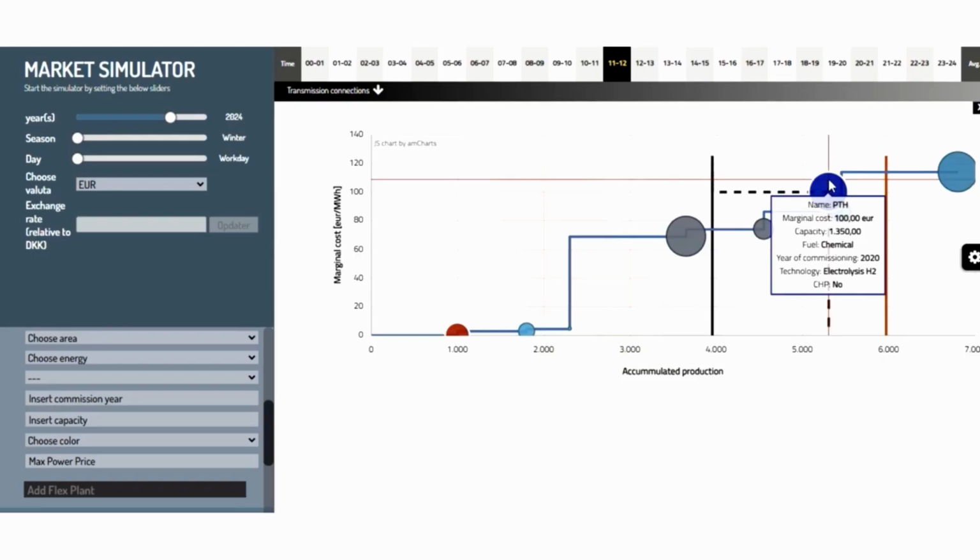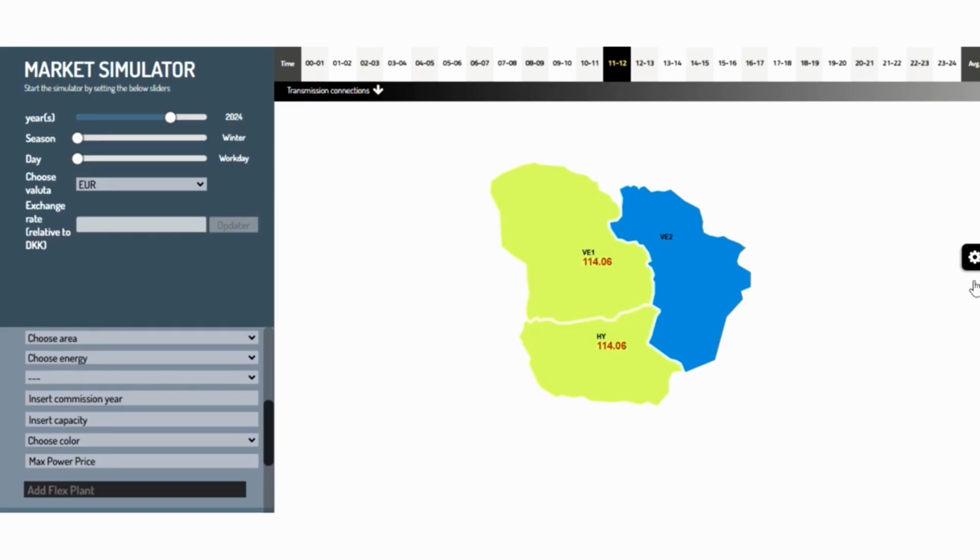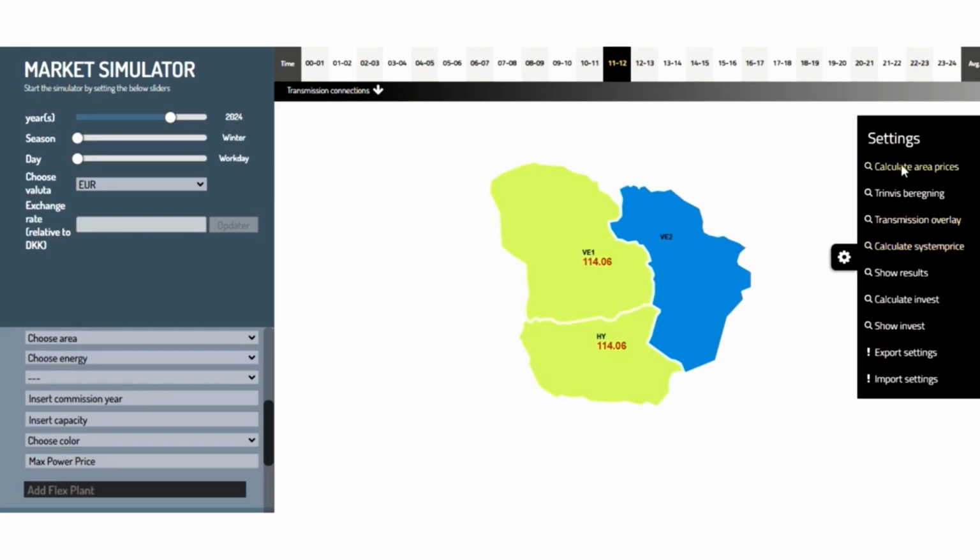So here the capacity is 1350 megawatt. Here I should do another calculation here, calculate price. Now I can see here that the price in V1 is 100 euros per megawatt hour, and the price in HY is the same as in the other calculations.